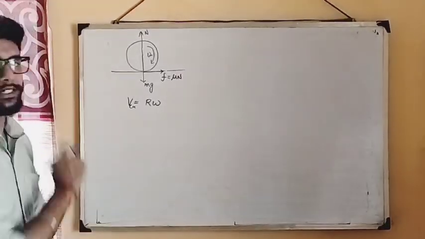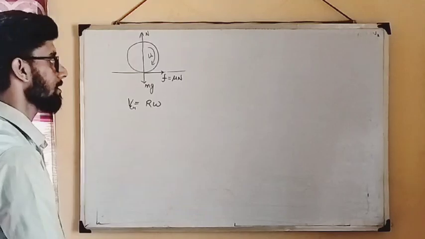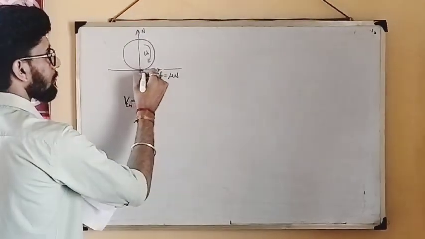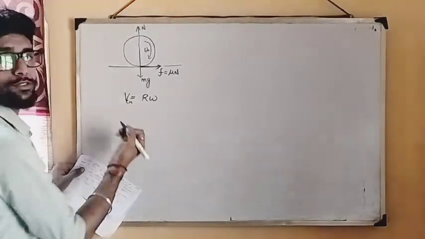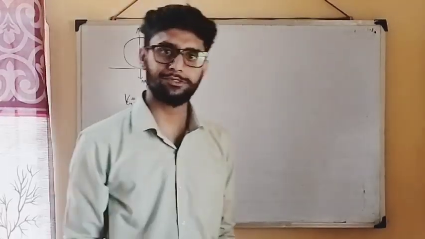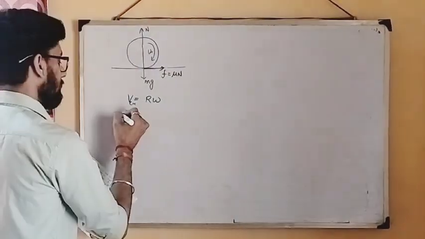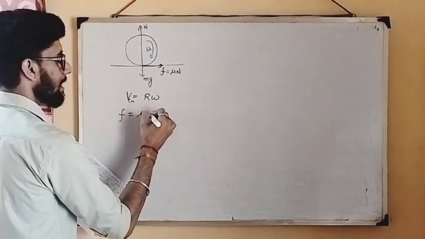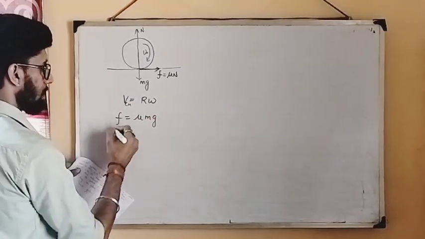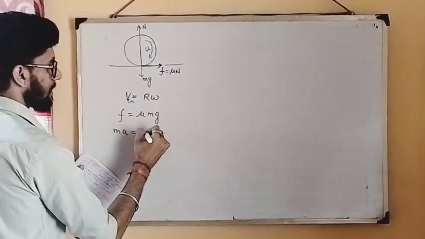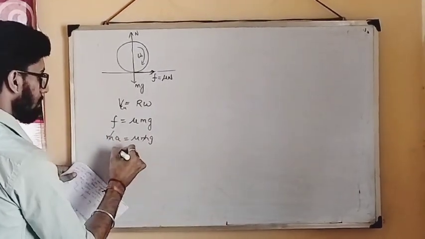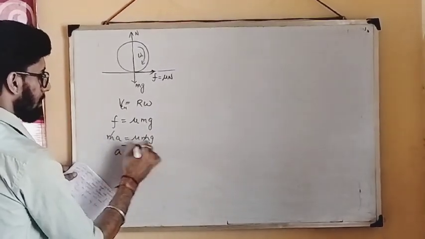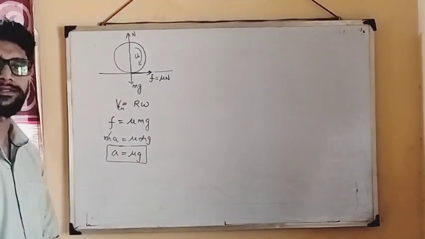So first we have to find the velocity. If we see, the force is acting in the forward direction and this is the only force acting, then as per Newton's second law, force is equal to mass into acceleration. So F is equal to mu N, that will be equal to mu mg, and ma can be written as mu mg. From here the acceleration comes out as a is equal to mu times g.